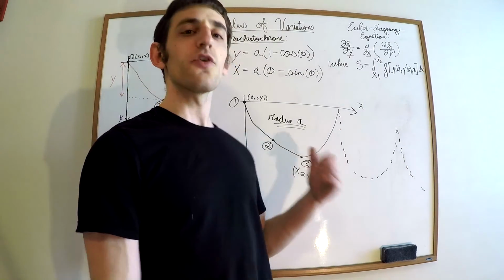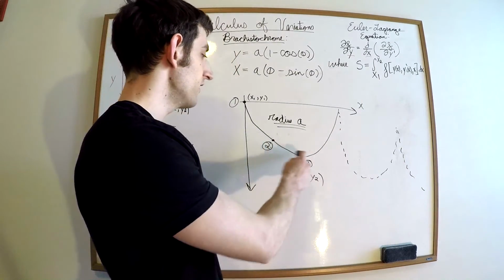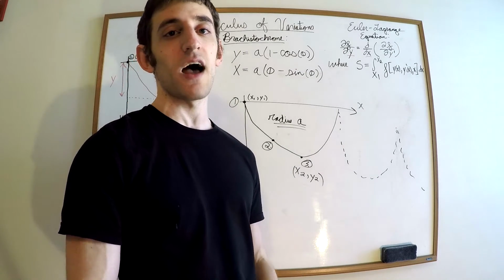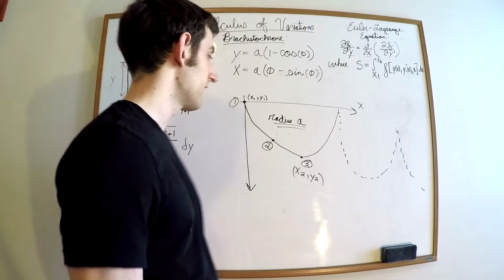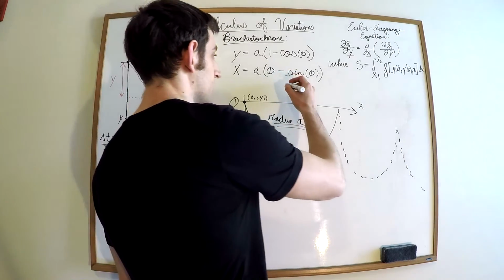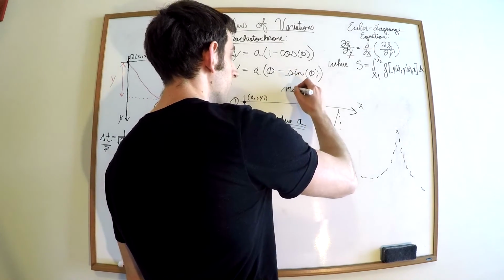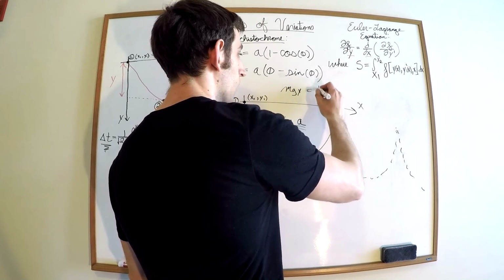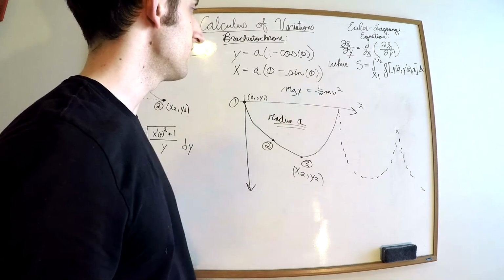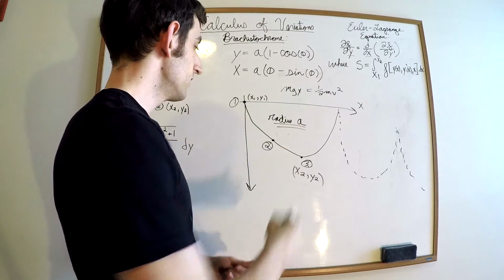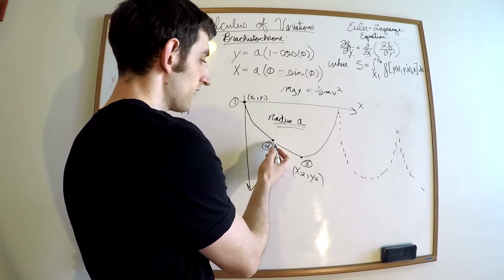But it's sort of weird that if you start here, you get to point 3 in the same time. So why is that? It's because of the conservation of energy again. So, let's take a deeper look at that. If you have mgy equal 1/2 mv squared, we see that v is, you're going to start with no velocity here, and then it's going to pick up.